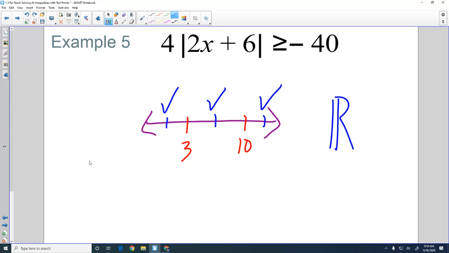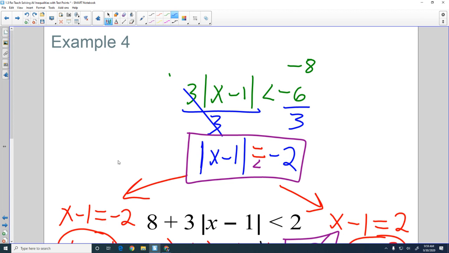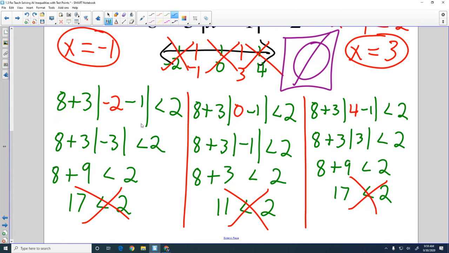So this is the new technique, and I want you to try using this on the test next week. And I can tell you that there will be at least one special case on this next test with the absolute value inequalities, either the all real numbers scenario or this scenario where there's no solution.